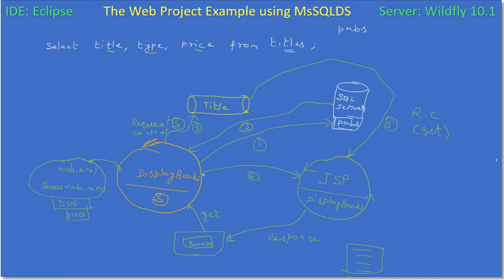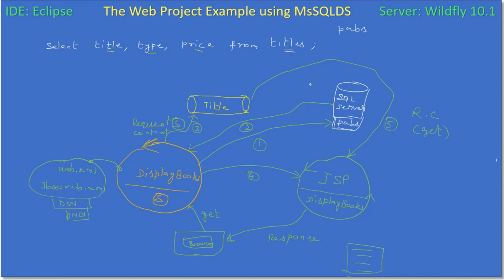After reading that, it sets the attribute with this bean. Then it transfers the request and response to the JSP file, and the JSP file will use the request context, read the bean details, that means the title, type and price, then displays that information and sends a response to the browser.